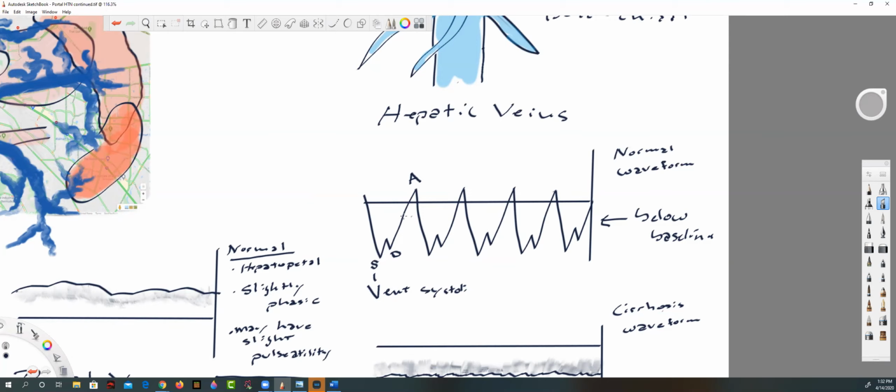It looks like this, even though veins normally are a little more monophasic. Veins that are very close to the heart can be multiphasic because of their proximity to the heart.